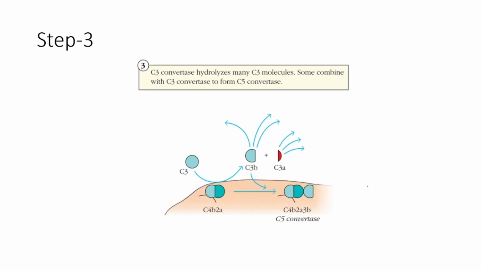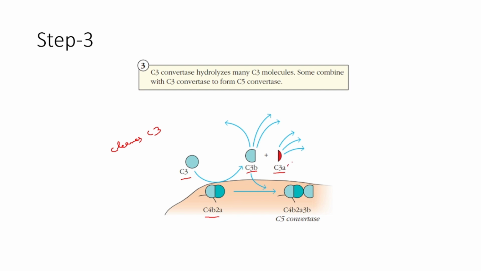Then what is the next step? C3 convertase is called C3 convertase because it cleaves C3. So here, as you can see, this C4B2A, which is a C3 convertase, cleaves C3 into two fragments, C3B and C3A.